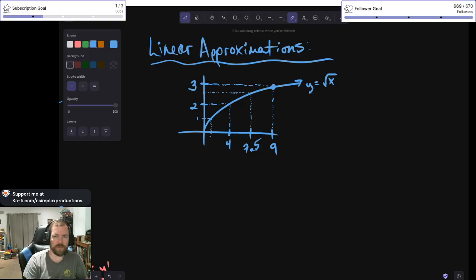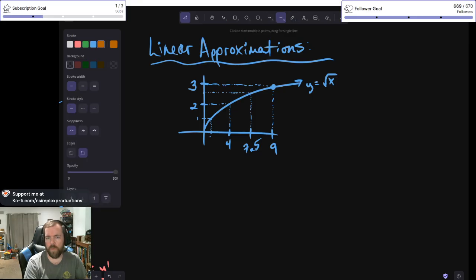Since there's no really strong change in slope throughout all of this, we can ask which direction we want. Do we want a tangent from 4 to get us this value, or do we want a tangent from 9?